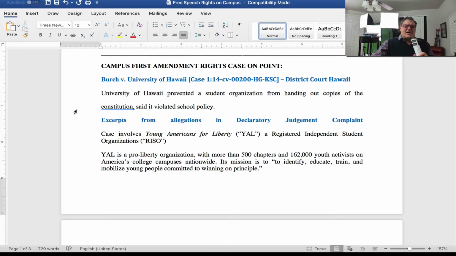Here are some excerpts from the complaint that was filed by the firm. This case involves Young Americans for Liberty, YAL, a registered independent student organization, a RISO as it was called. These were the allegations.